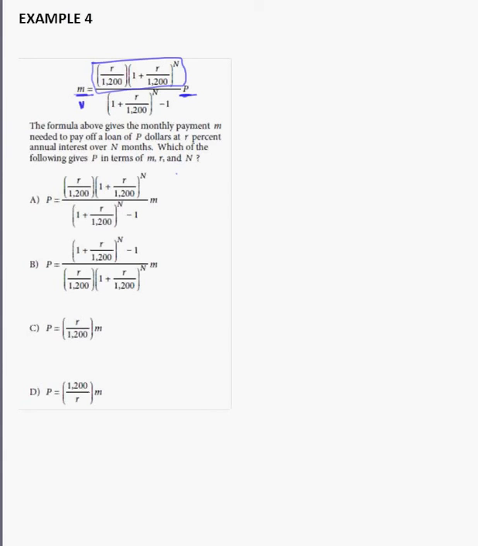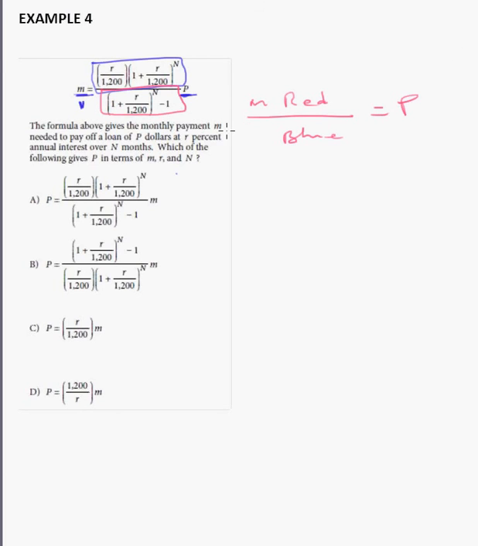So this element here will multiply 2. So if you look carefully, it's going to be my M times my red divided by my blue, and that will be equal to the P.